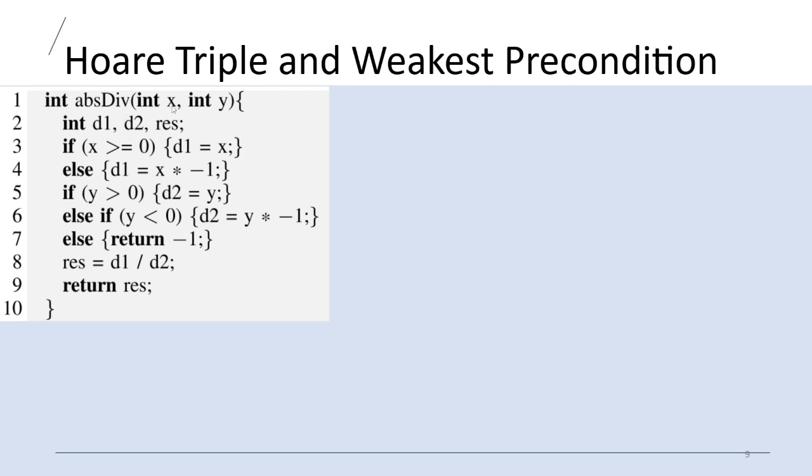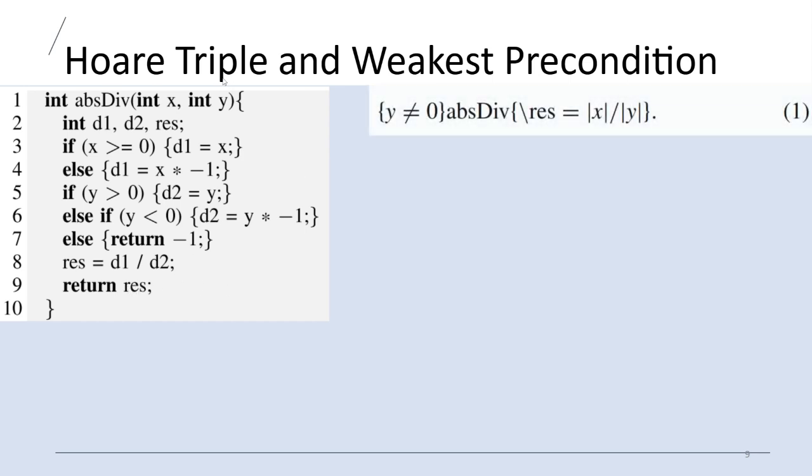It is computing the absolute value of x divided by the absolute value of y, and so the whole triple can be formulated in this form.